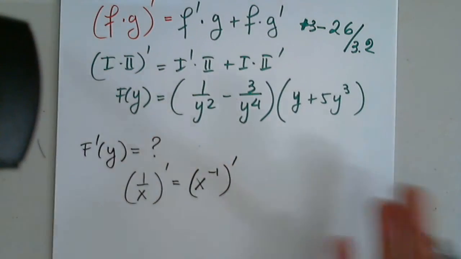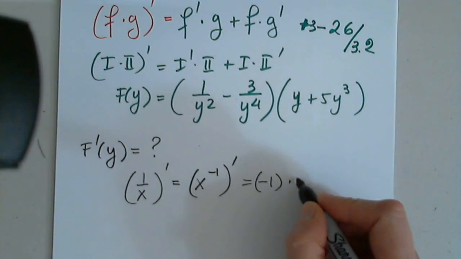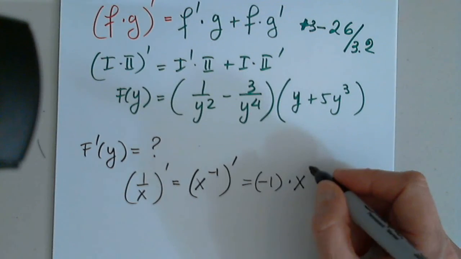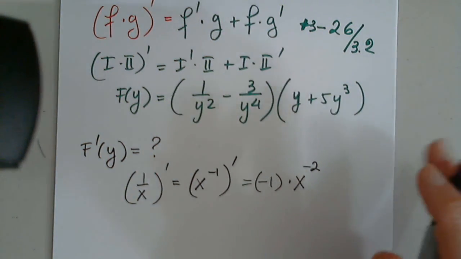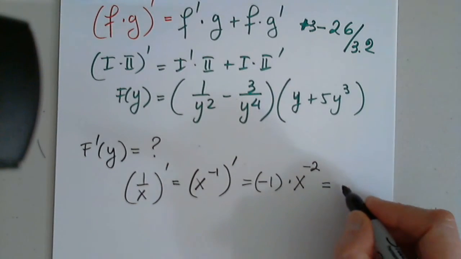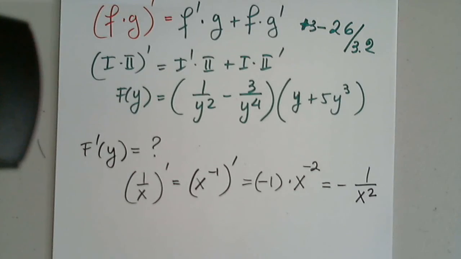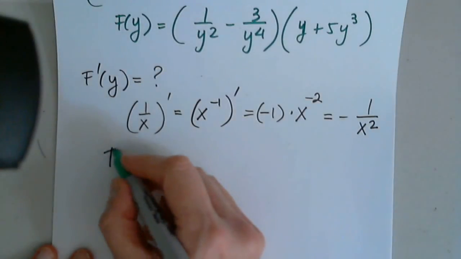So this is the power rule now. I bring -1 down, and so I subtract 1 from the power. What do I get when I subtract 1 from the power? -2. I should write times x prime, but we know that that's 1. Thank you. So this is the same as -1 over x squared. So moving forward, like the square root of x and e to the x, carved in stone, to remember.